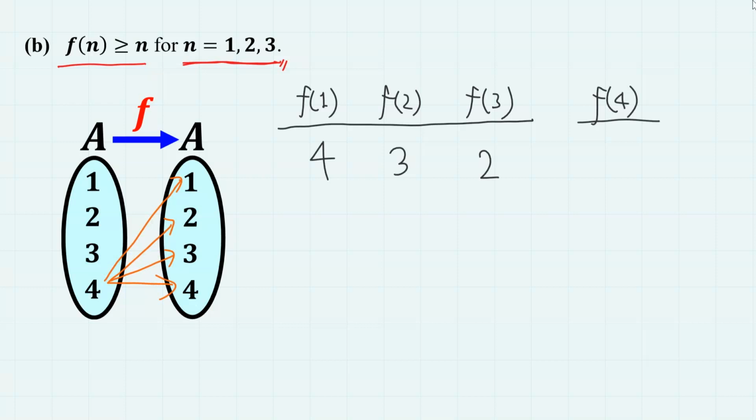And for f(4), notice that element 4 is not under any constraint. So f(4) can be any element of A, which is one of 1, 2, 3, and 4. So we have 4 possible values for f(4). Therefore, the total number of possible functions is 4 times 3 times 2 times 4, which is 96.